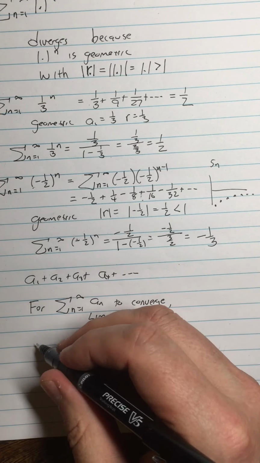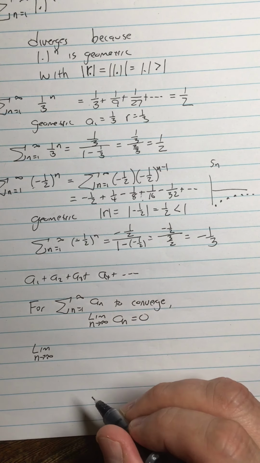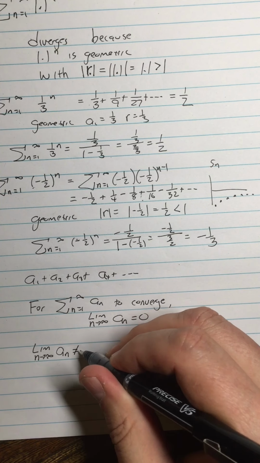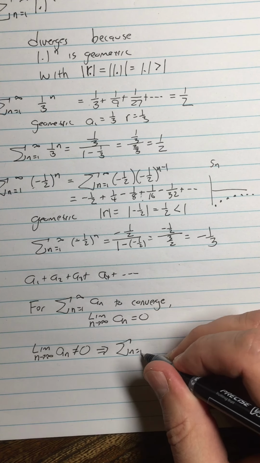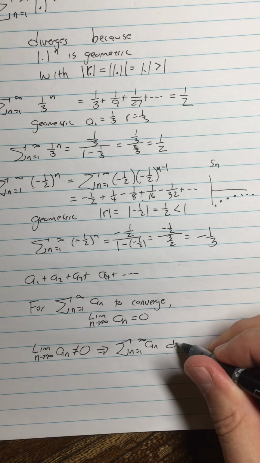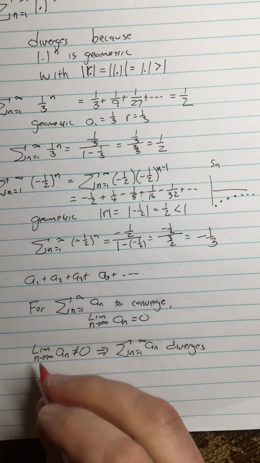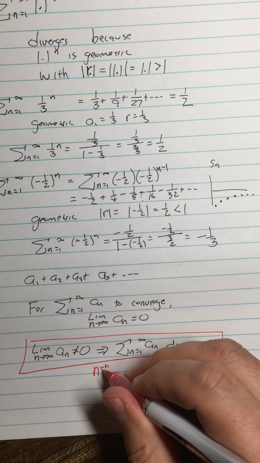One is to state the contrapositive, which is probably the most common way to use it. If the limit as n approaches infinity of a sub n is not equal to 0, then the sum from n equals 1 to infinity of a sub n diverges. This important result is fairly intuitive if you think about what these things mean. This is called the nth term test.